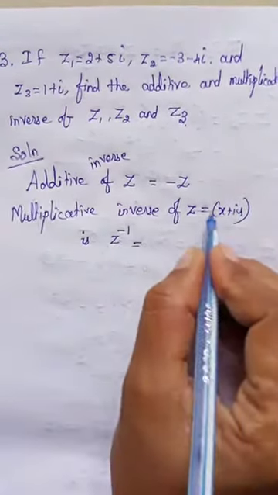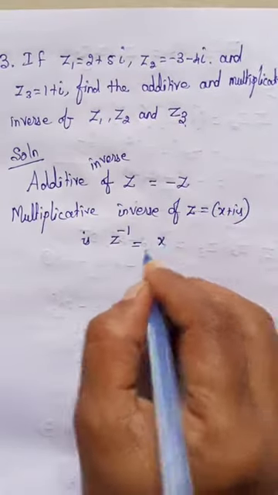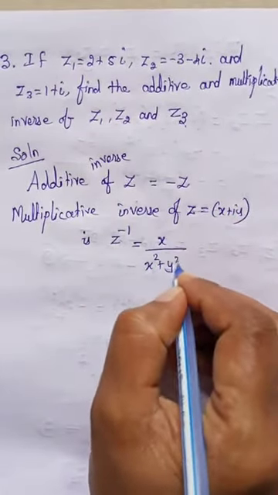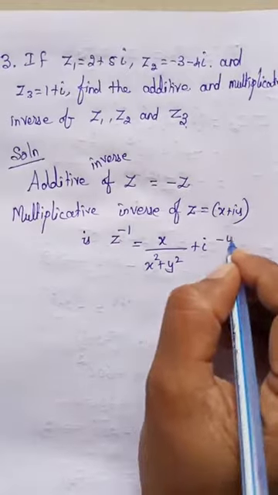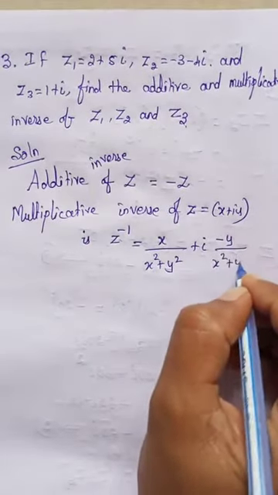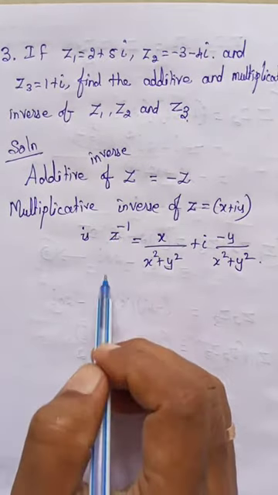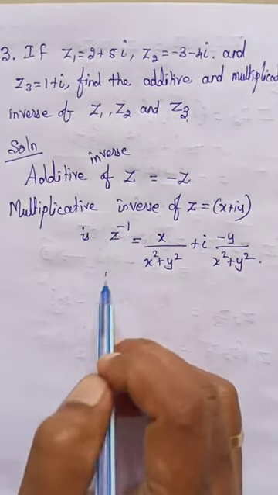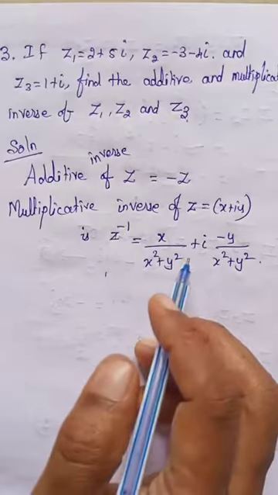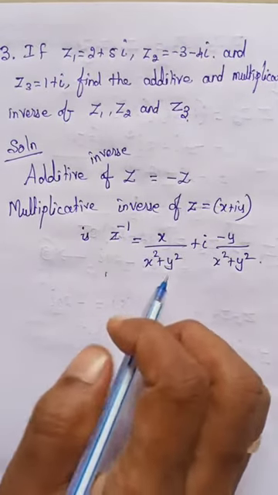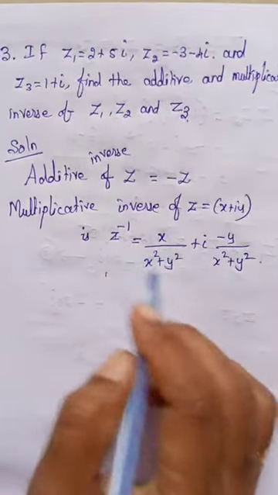What is Z inverse if x plus iy is there? x by x square plus y square plus i into minus y by x square plus y square. Or even you can find it like 1 by Z. Z inverse is 1 by Z. Using that also you can simplify. Since we have a direct formula, we will use this.